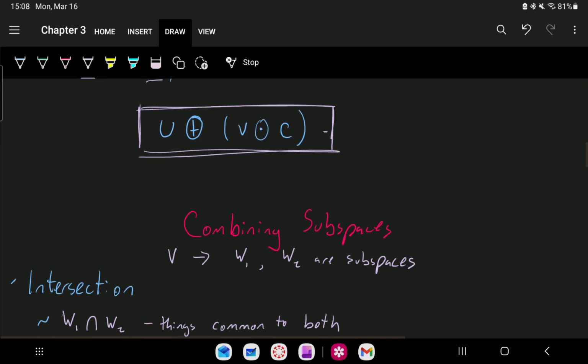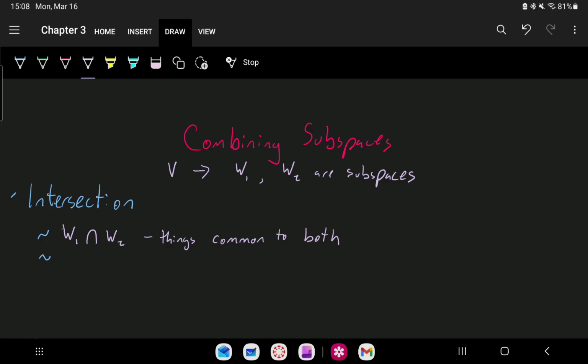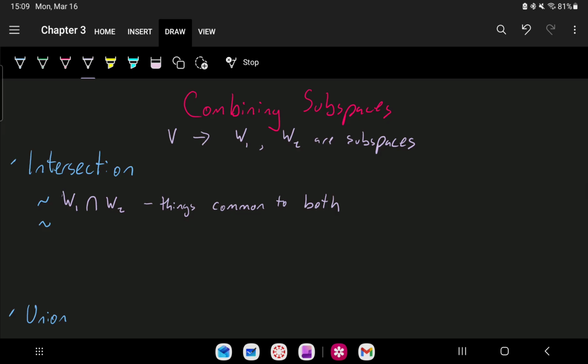Now, there's not too much weight put on this concept quite yet, as far as I can tell in the course. It's just kind of good to understand that subspaces are a subset of vector spaces. And that being said, I do want to touch on just a little bit about intersection and union.